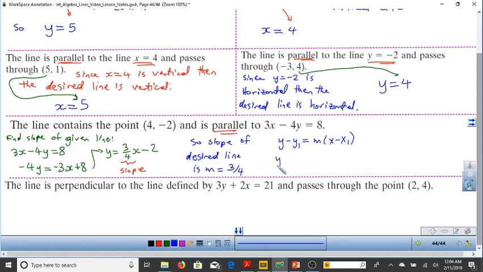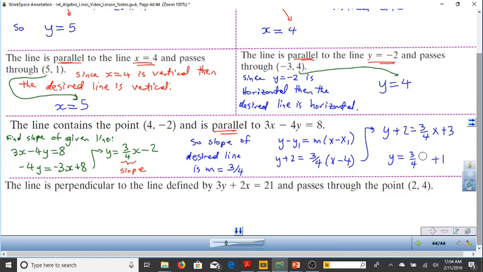So we do y minus -2 equals 3/4 times x minus 4, and then we solve for y. Distribute the parentheses, we get y plus 2 is equal to 3/4 x plus 3. And then we subtract 2 from both sides, we get y equal to 3/4 x plus 1.